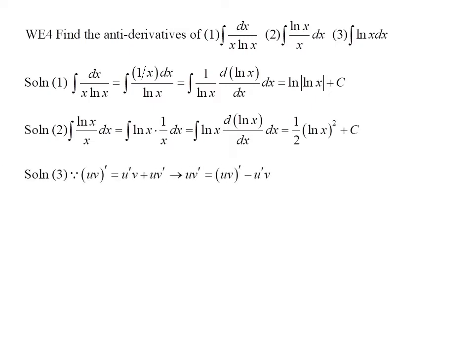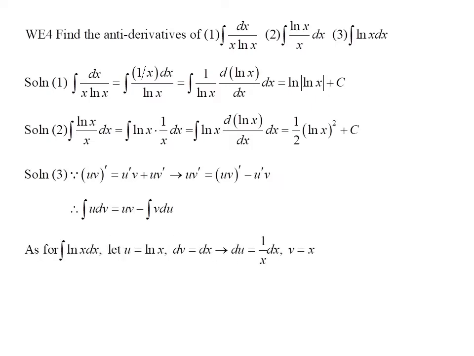As for the last antiderivative, according to the product rule of differentiation, the differentiation of uv, in parentheses, equals the differentiation of u multiplied by v plus u multiplied by the differentiation of v. Hence, the integral of u dv equals u times v minus the integral of v du.